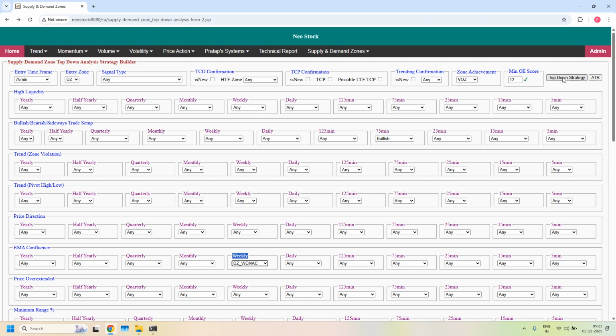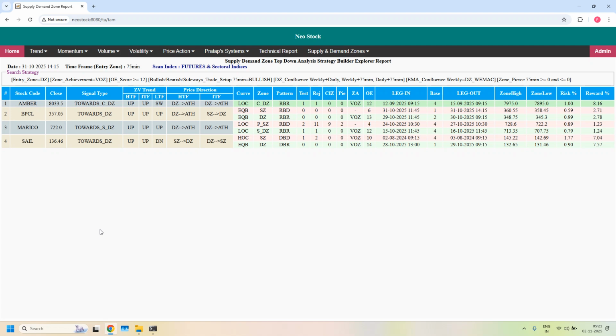Okay, let's filter. 4 stocks we got. So these 4 75 minutes demand zones might have a higher probability of success, provided less than 20 checklist items are satisfied, otherwise higher chances of zone violation.